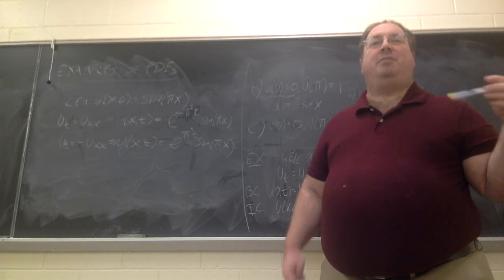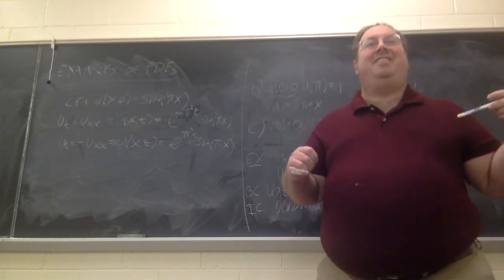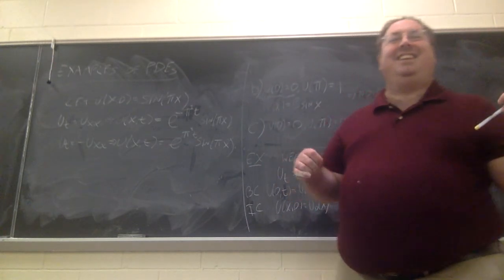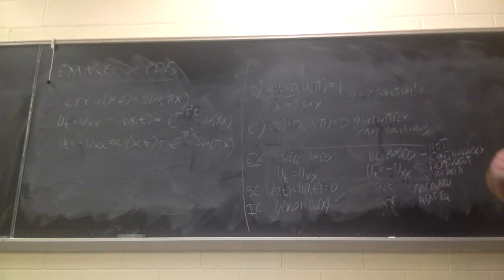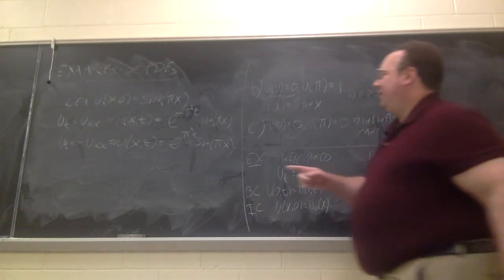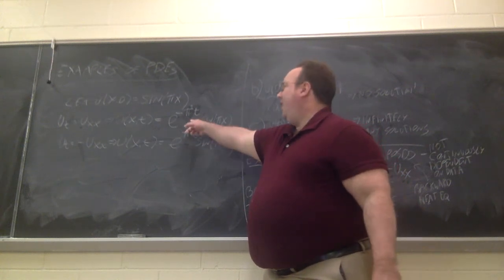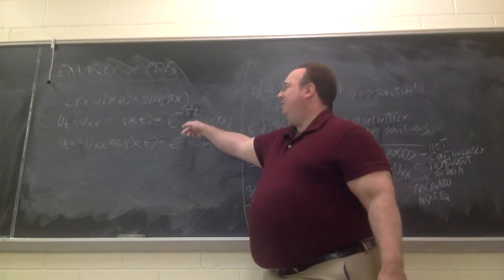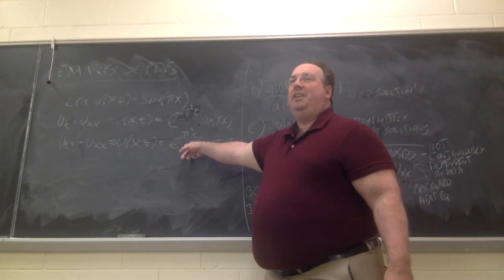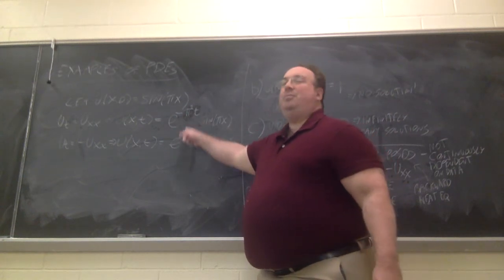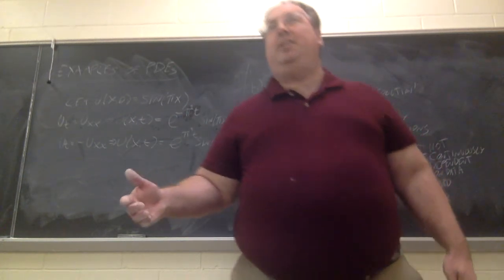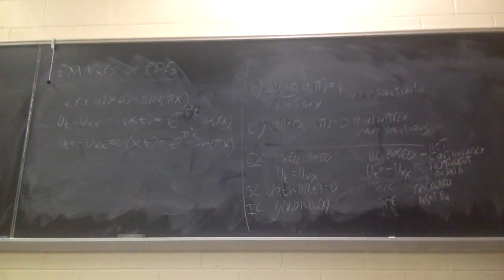Exponentially... exponential what? Growth. Decay, growth. That's the difference. So this exponentially decays to 0. This exponentially grows to infinity. All because of the sign of the exponent. So negative exponent, exponential decay to 0. Positive exponent, exponential growth to infinity.